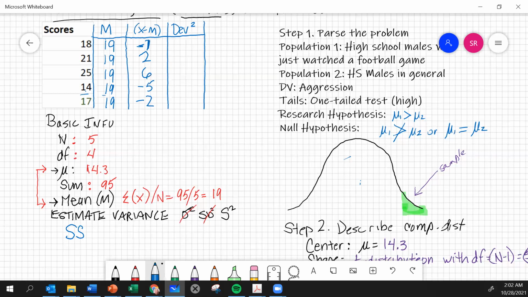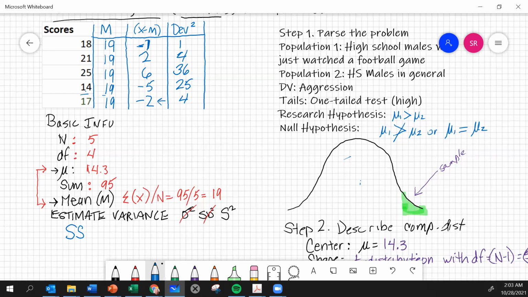Now we have to square those. When we square -1, we get 1. Square 2, we get 4. Square 6, we get 36. Square -5, we get 25. Square -2, we get 4. In case you've forgotten, all we're doing is taking each value in this column and multiplying it by itself. -2 times -2 is 4. -5 times -5 is 25.